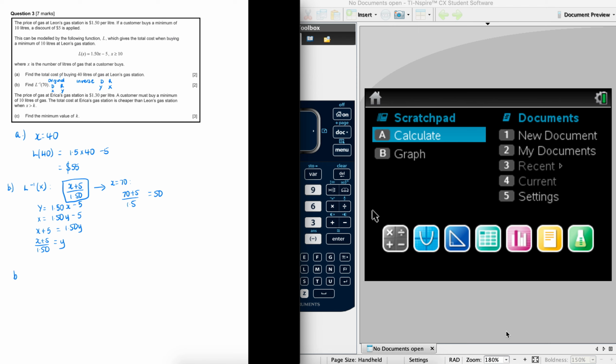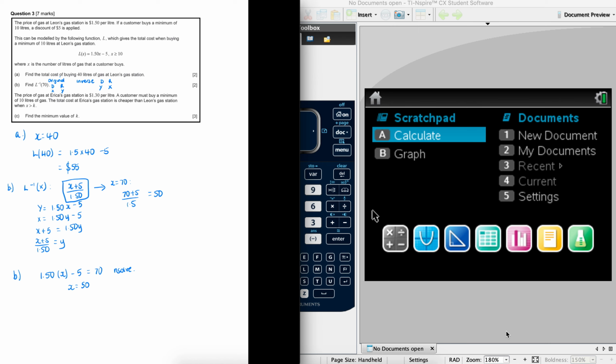The original function was 1.50x minus 5, and we want to make that equal to 70. You can then solve that and find 50 as your value of x, using equation solve.